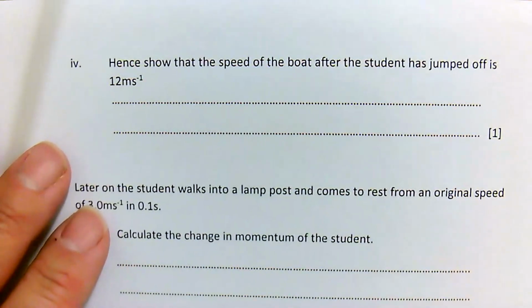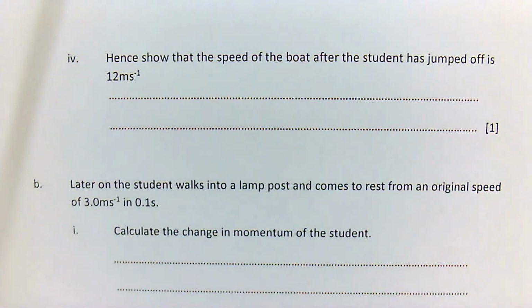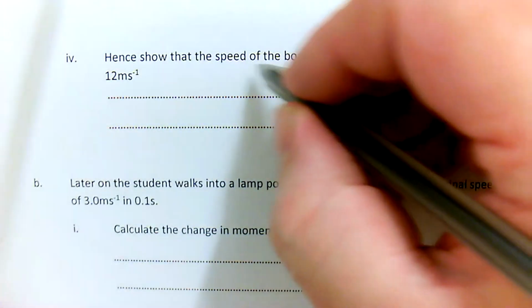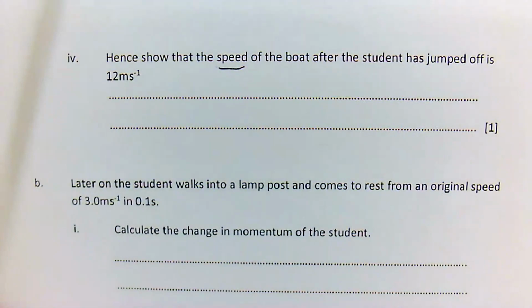It then says, hence show. So hence means using the previous answer again, show that the speed of the boat after the student has jumped off is 12 meters per second. So what we've got to do is conserve momentum. It's the speed, not the velocity, so we're going to ignore the sign.